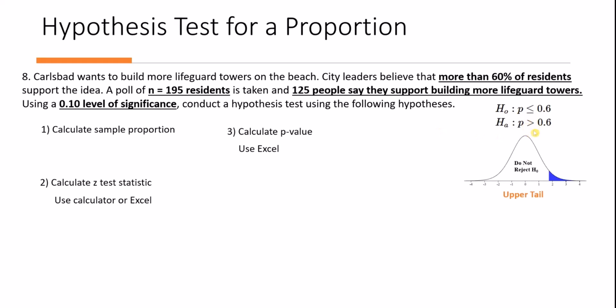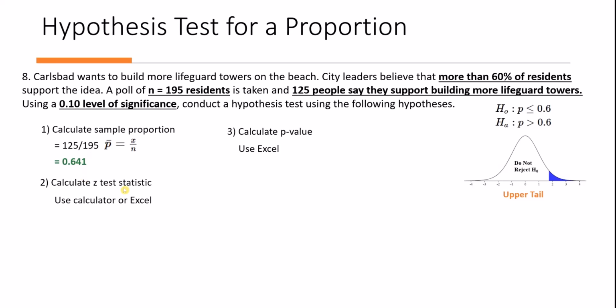We know that the sign is pointing to the right, so this is an upper tail test, and this is where our rejection region is going to be. The sample proportion, p-bar, is going to be X, or attribute of interest, divided by sample size. So 125 divided by 195 gets us a sample proportion of 0.641.